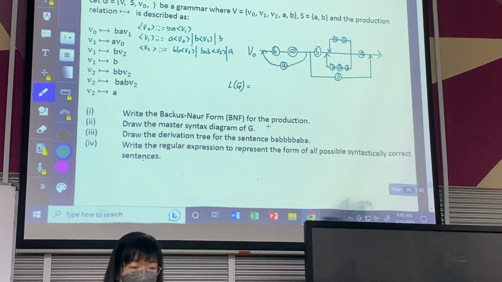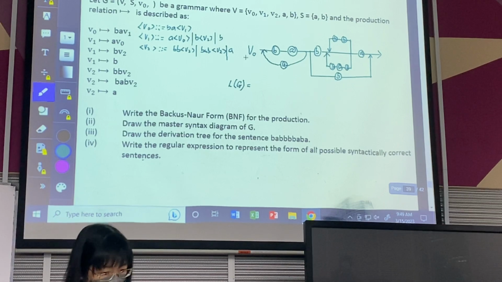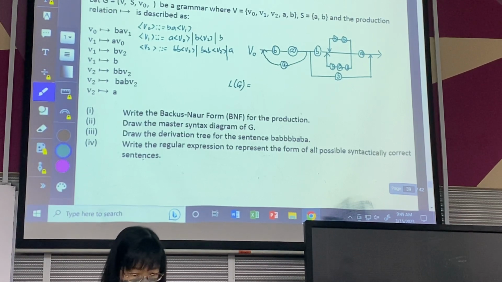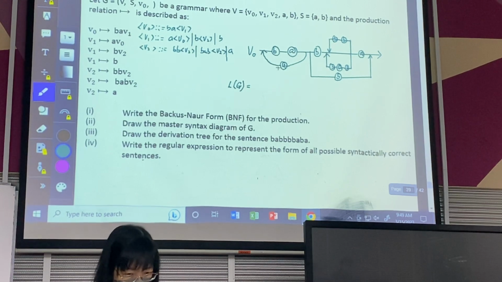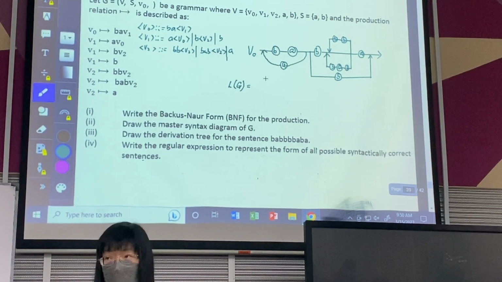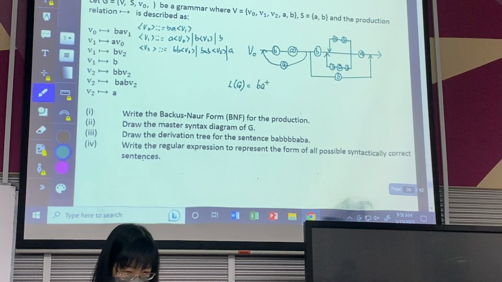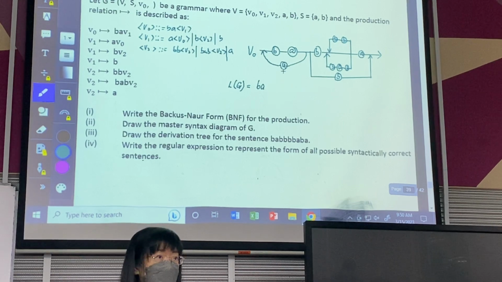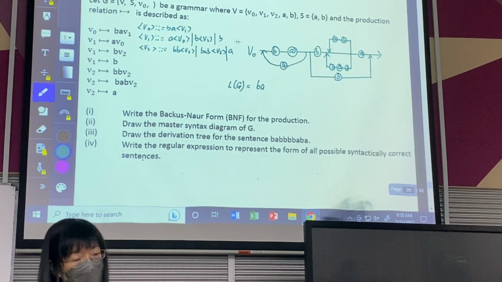The derivation tree should be okay, right? The derivation tree, just follow the substitution to get the string. Follow here. Then for the LG, we have BA. BA is the one on the line, so we need to have BA.